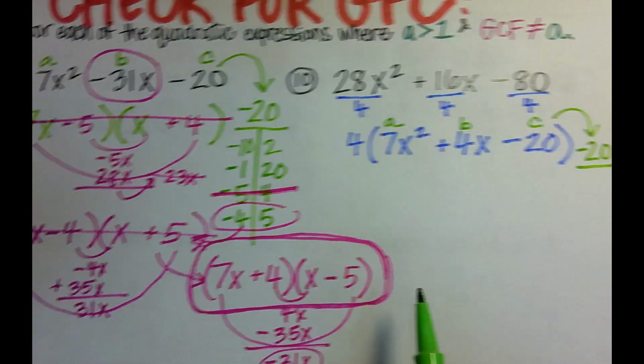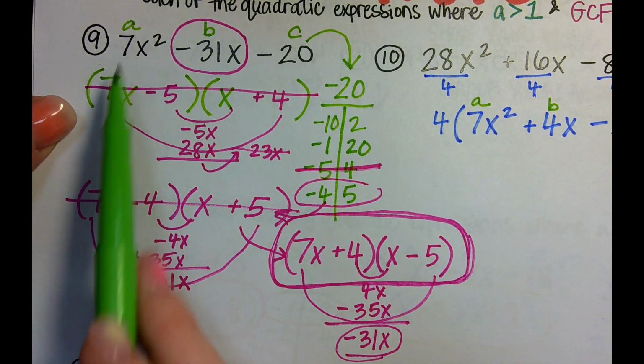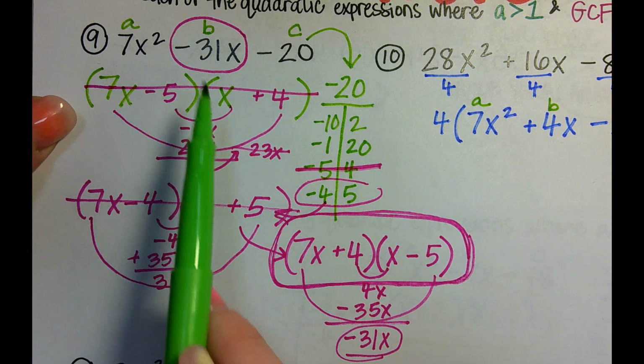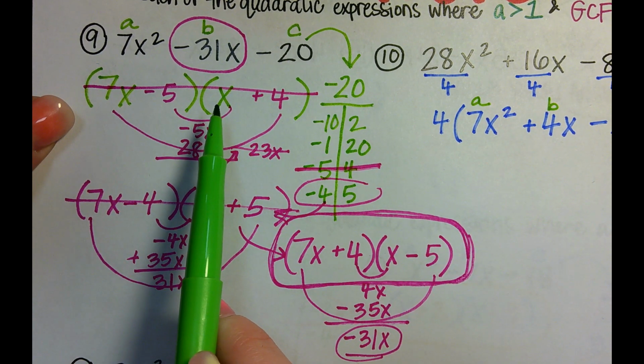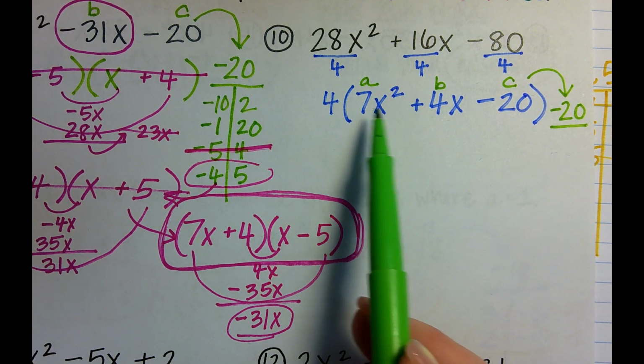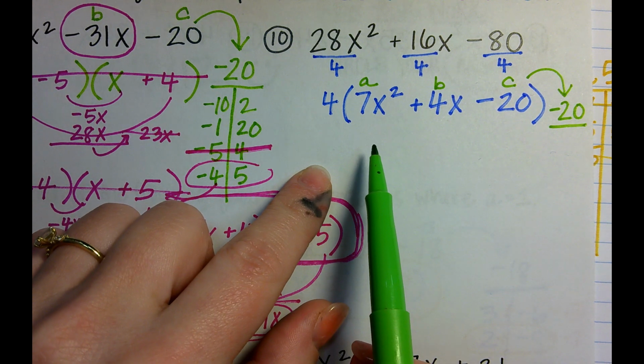So like in this problem, we couldn't reduce it, so we included it. 7x squared, we kept the 7x and x, right? It's the same thing here. We can't reduce this, so it needs to be included in our answer.